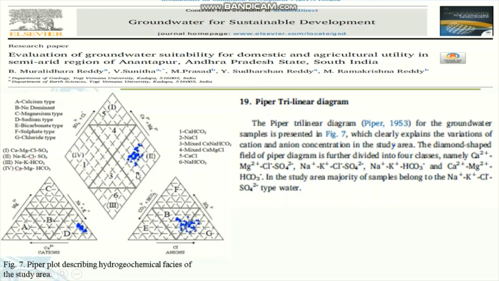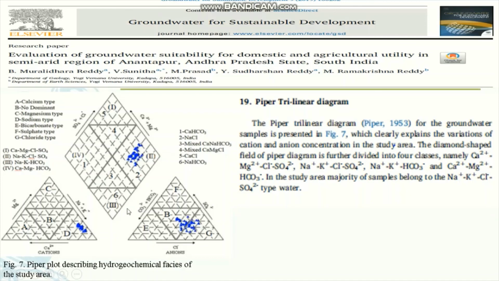Then this zone 2 denotes NaCl. So here they have given 2 different categories in a single zone itself. If you see here, 2 denotes NaKClSO4, and another 2 present over here which is showing NaCl type.